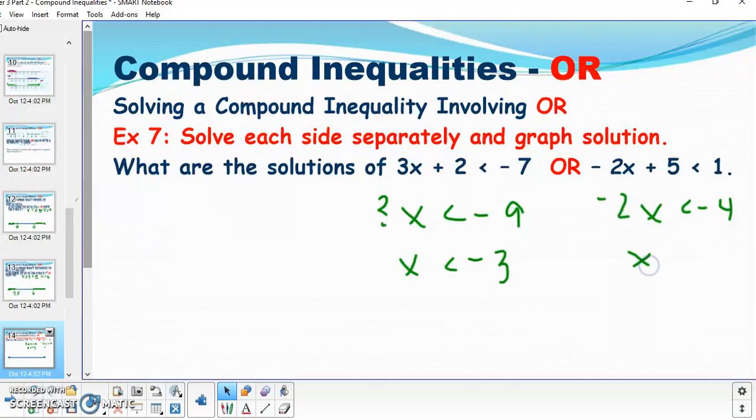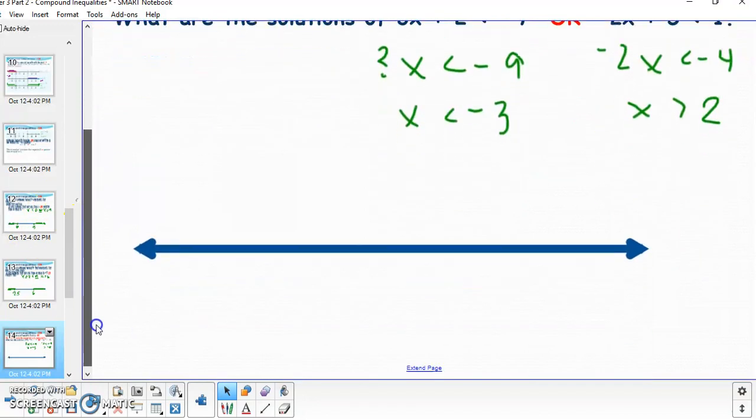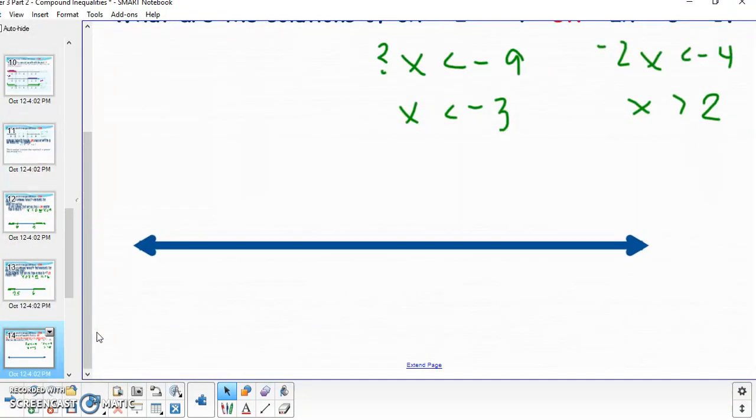Divide by negative, so my sign flips, and I get x is greater than 2. Immediately, I see that my inequality signs are going in opposite directions, and that's what we want. So I'm off to a good start. Open circle at -3, shading in the direction of the inequality sign. Open circle at +2, shading in the direction of the inequality sign.